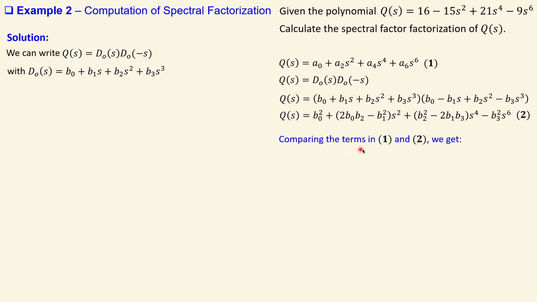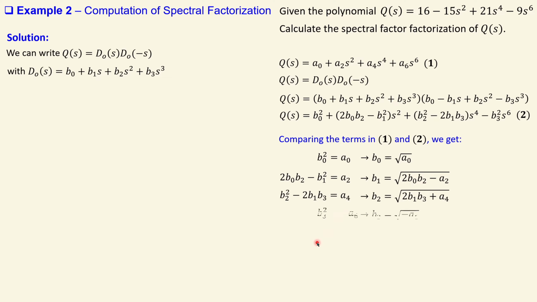Now, comparing the terms in 1 and 2, what you see is this and this and this. We have discussed this also. This is the absolute sign of this minus a6. So we denote this as equation number 3 and 4 for the B1 and B2s. Okay, and this must be done via iterative solution.